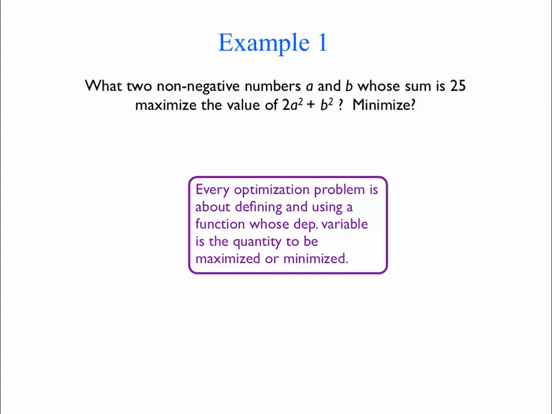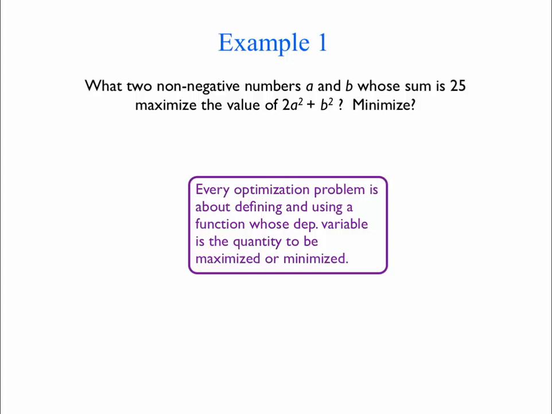All right, so we need a function, and what do we know about this function? The dependent variable of the function is the thing we're trying to maximize or minimize. Trust me, I am helping you if you listen and tune in.